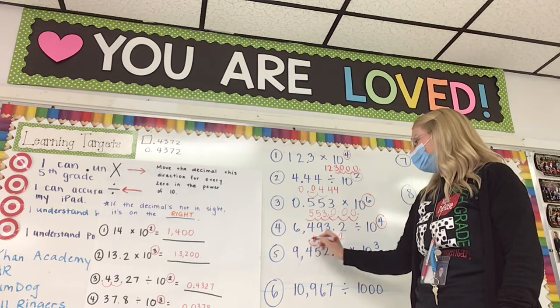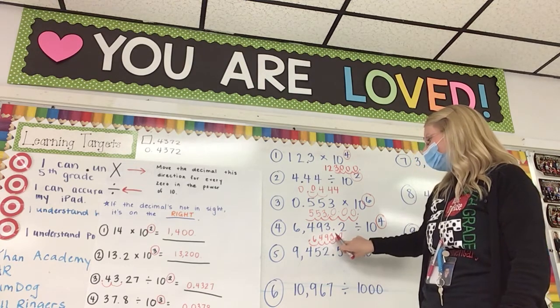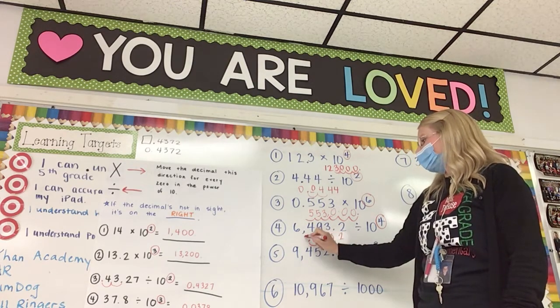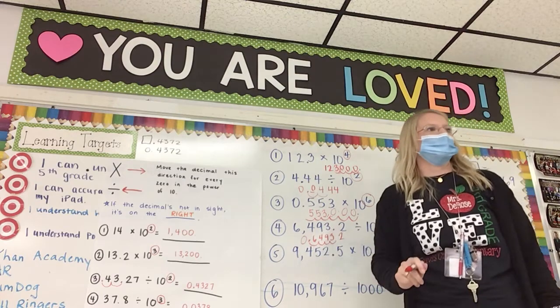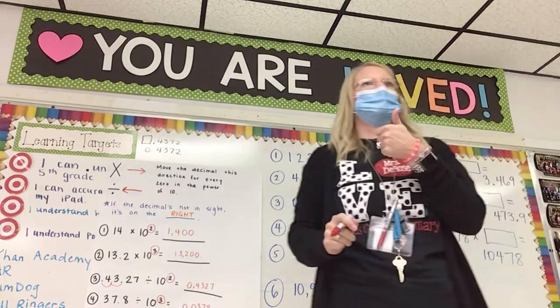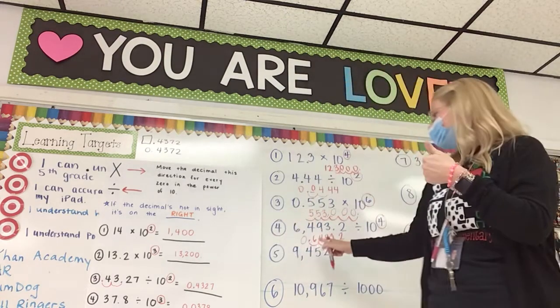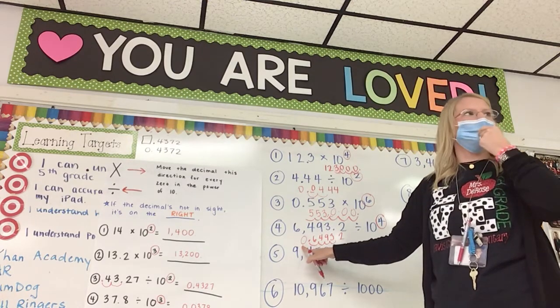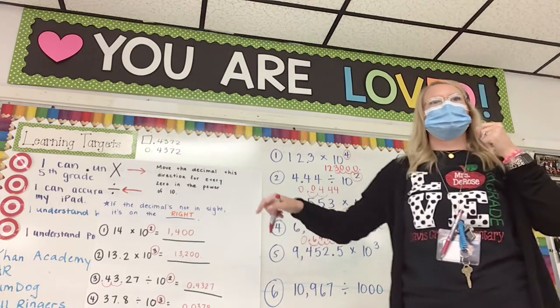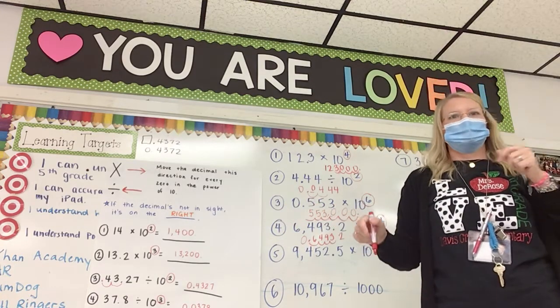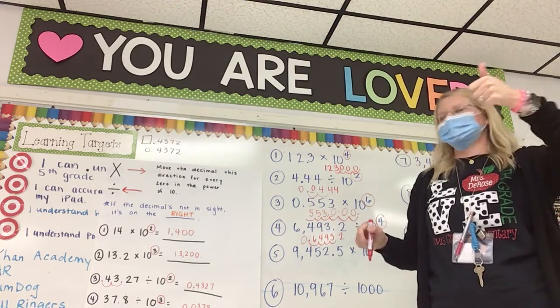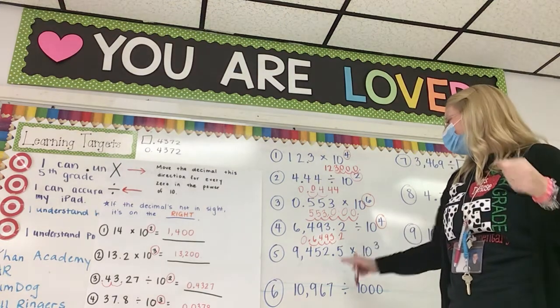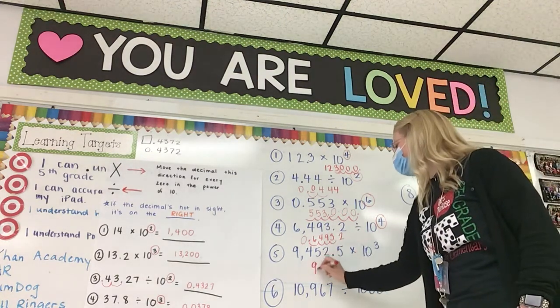So here's my new decimal point, so it's no longer here anymore. And I'm going to put a 0 as my whole number. Give me a thumbs up if you got that one correct. How many of us? Only a couple? Where did we go wrong with that one, everybody? Did we go the wrong direction? Oh, we got it right. Okay, good, good.